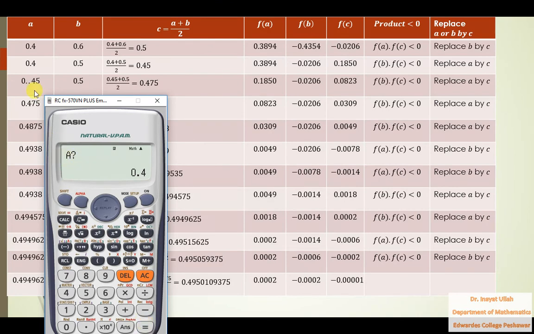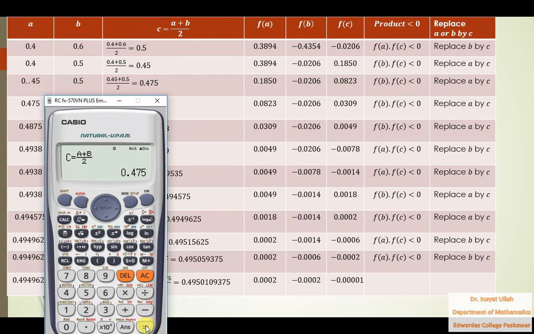What is a? A is actually 0.45, so right here 0.45, equal to b is 0.5, so that is 0.5, equal to c, which is 19 by 40. Convert it into decimal notation, 0.475.